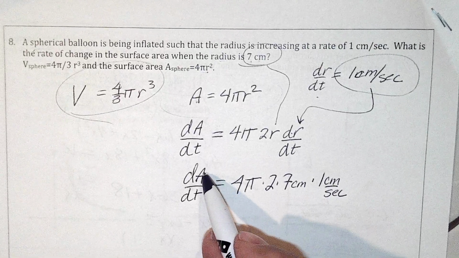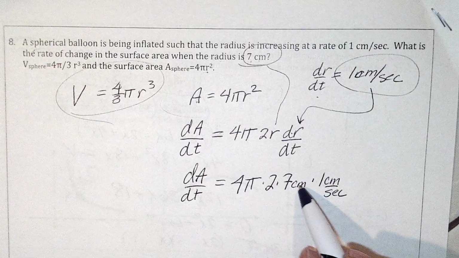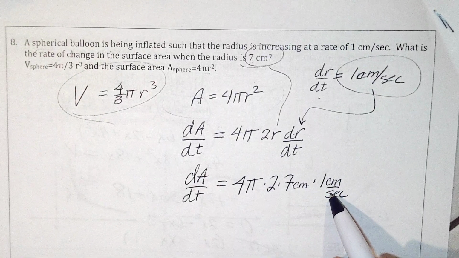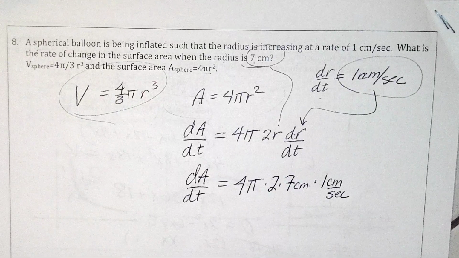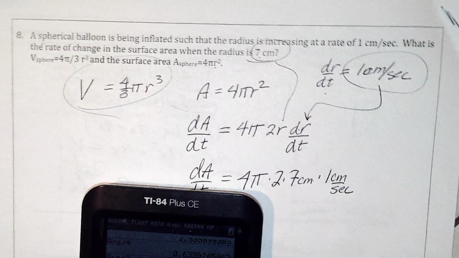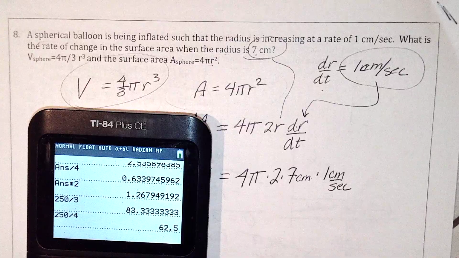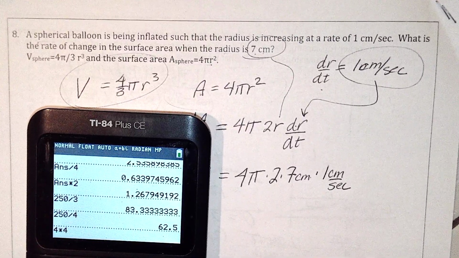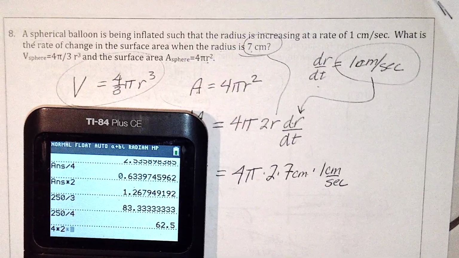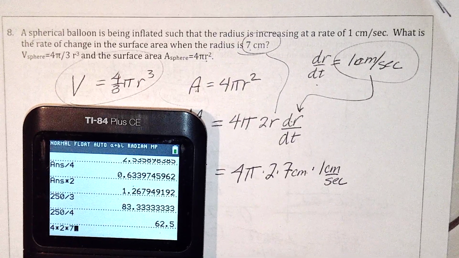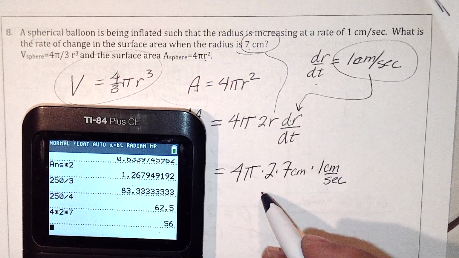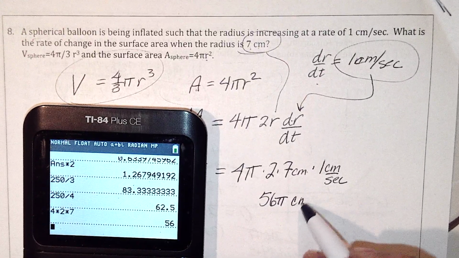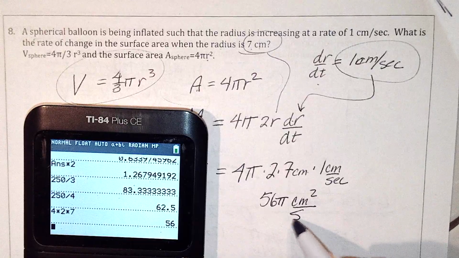And we get the change in area, which should be centimeters squared per time, which is second. So we're going to get 4 times 2 times 7, 56 pi centimeters squared per second.